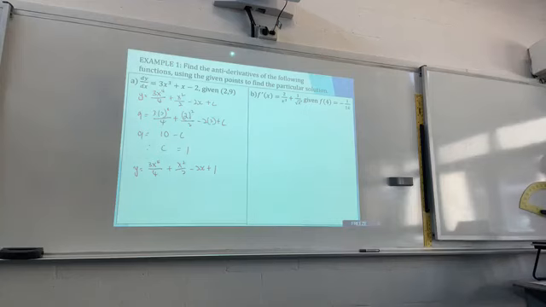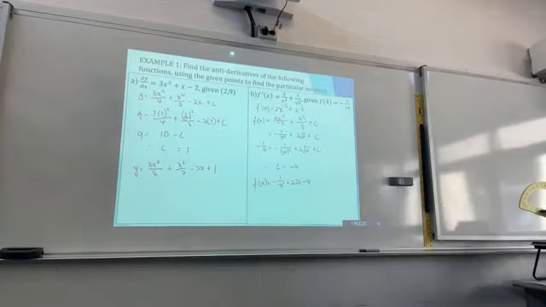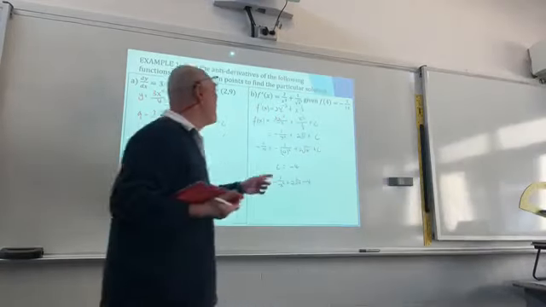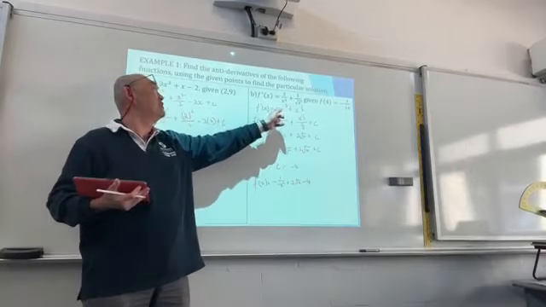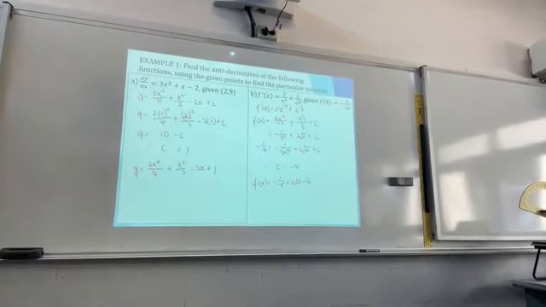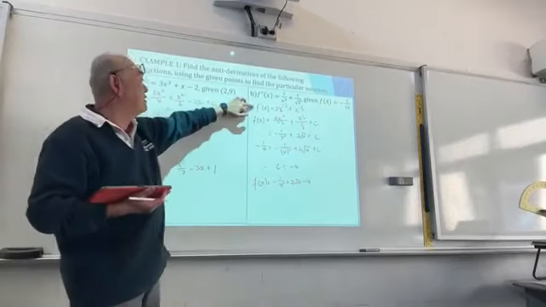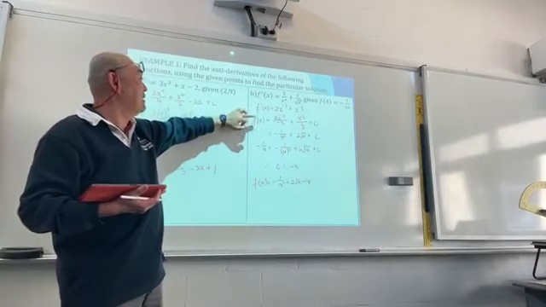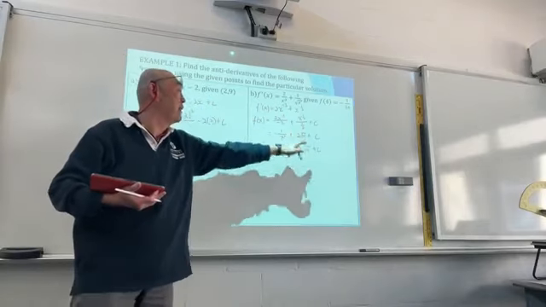I'm going to reveal my answer now. What I've done is make life a little bit easier for myself. I wrote this as 2x to the power of minus 3 and x to the power of minus half. And therefore, I can actually find f(x), the first derivative of f(x), and then I can find the function, plus c.